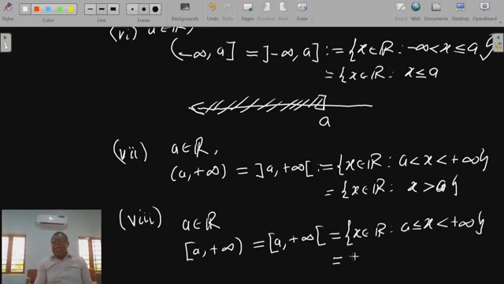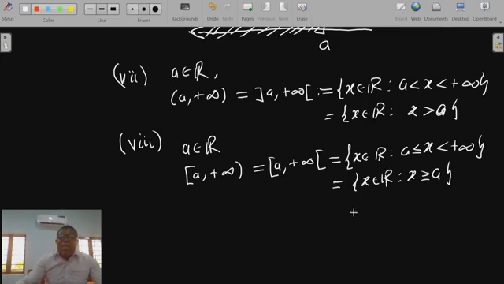This is the same thing as all x in R so that x is greater or equal to A. This set is also an interval. Remember that what I'm listing are all the possible intervals on R, the set of real numbers.